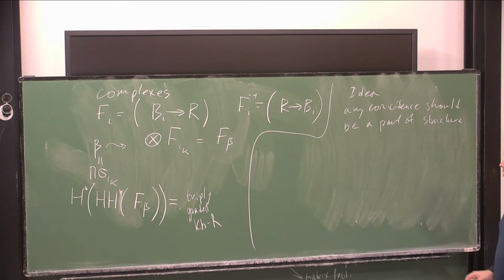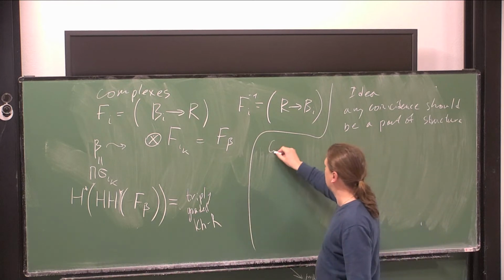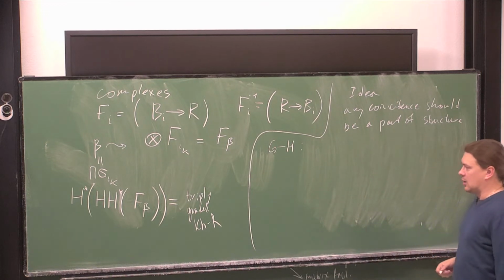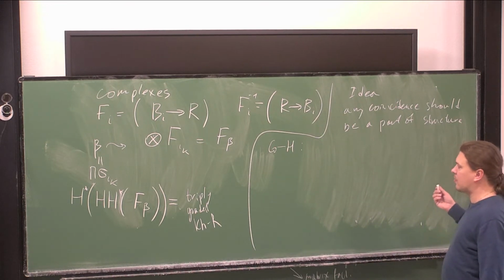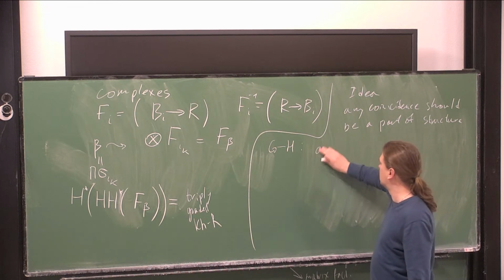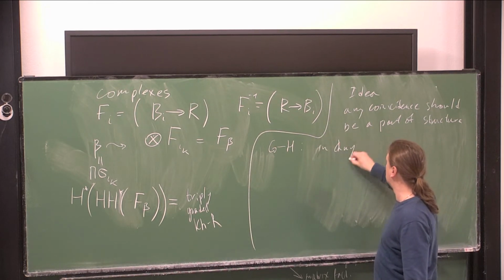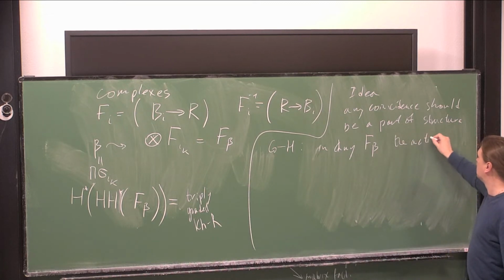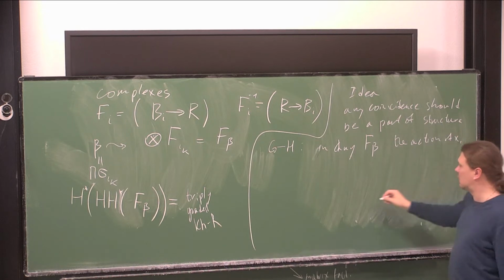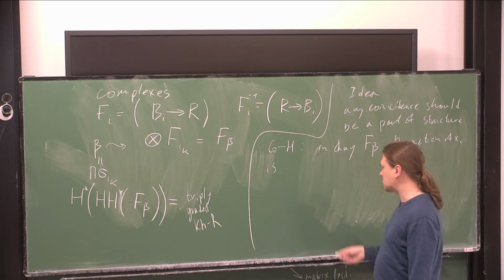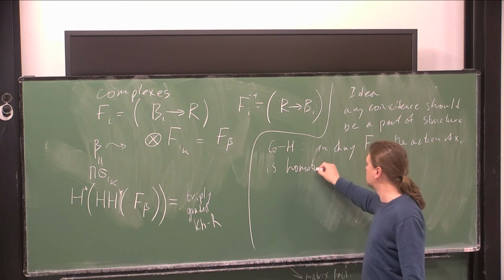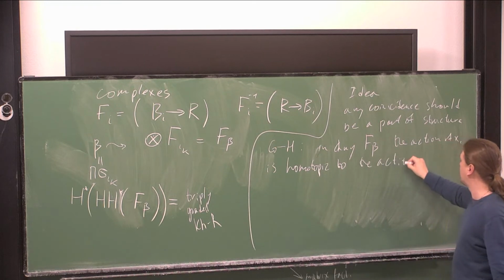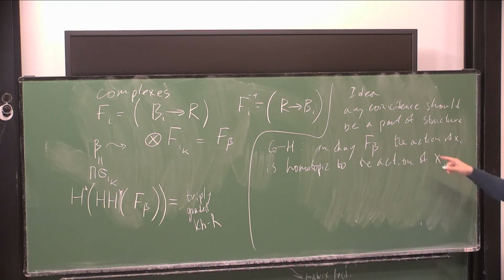So one thing is an observation already used by an earlier paper by Gorsky and Hogancamp, that in any complex F(beta), the action of x_i is homotopic to the action of x_i'. If the braid is pure, then this is true.